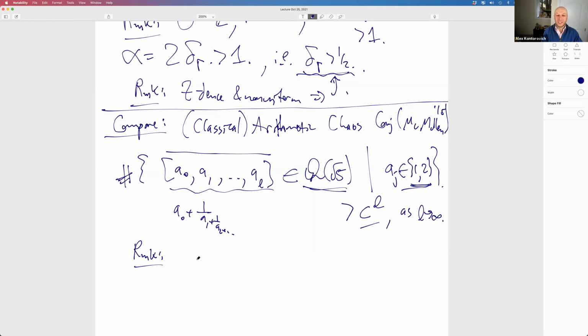So the remark is that the growth exponent, the Hausdorff dimension of the set of all continued fractions, not periodic ones, but all of them with digits bounded by 2, has been studied for a long time, and it's something like 0.531.